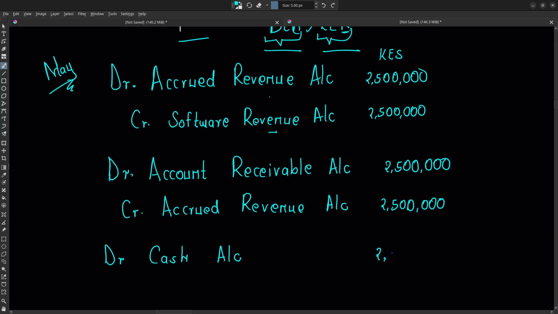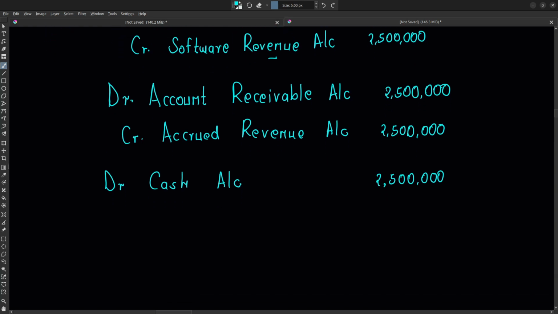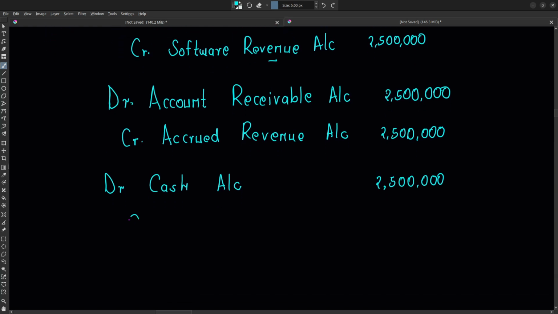So we are going to increase the cash account by 2.5 million, because now they have paid us this amount, and we are going to reduce the account receivable. Why? Because now we have been paid. We are not expecting any receivable from this, so we need to reduce it by 2.5 million.